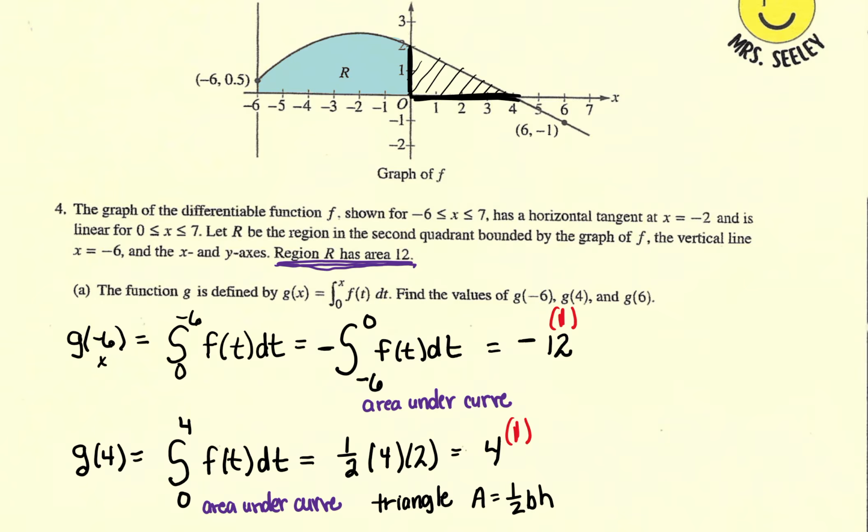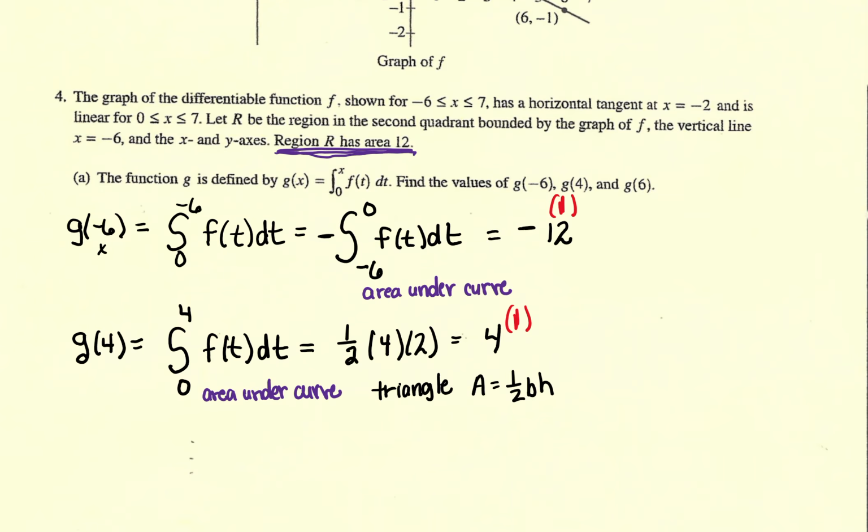All right, the last one says g of 6. So if I want the area under the curve with x equal to 6, I will go from 0 to 6 of f of t dt.